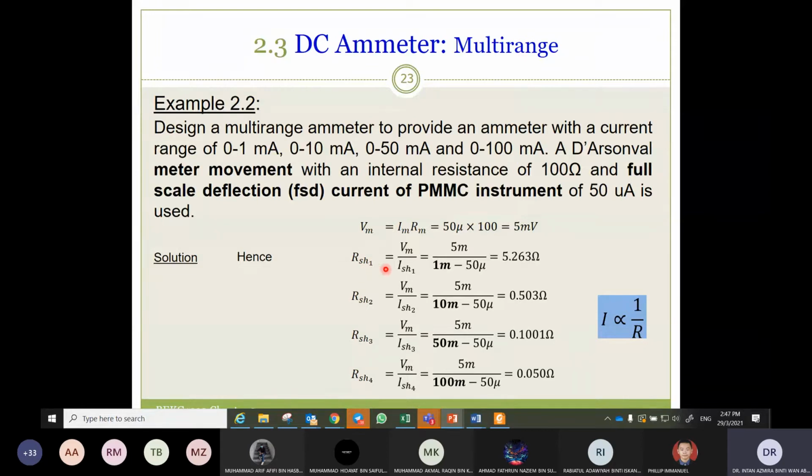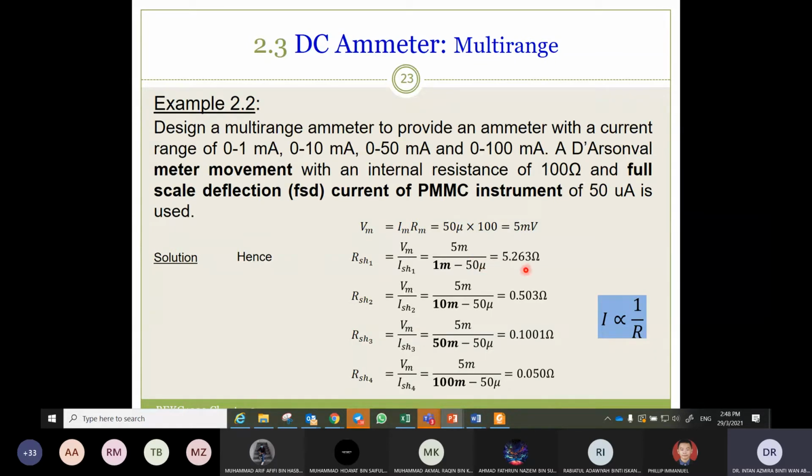For R shunt 1, it is equal to V shunt, or Vm, divided by I shunt 1. So 5 millivolt divided by I shunt 1. Now we want to design for this range of 1 milliamp, so 1 milli minus 50 micro, where 50 micro is Im.